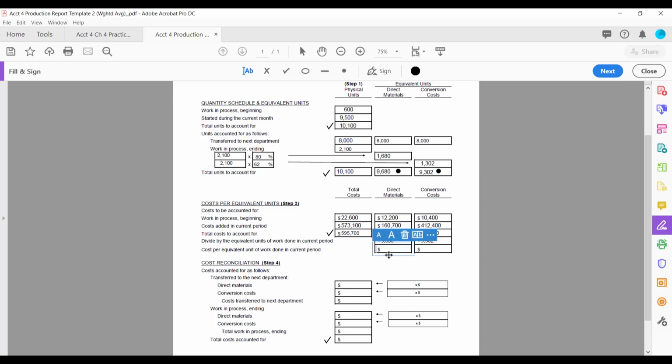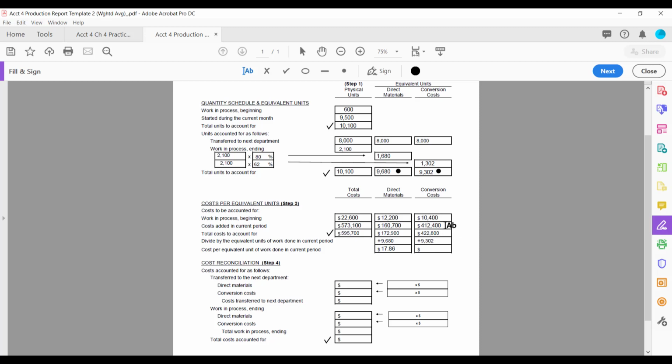So the cost per equivalent unit, we're simply going to divide that direct materials cost in total by the equivalent units of work done. So when you divide the 172,900 by the 9,680, you should get $17.86. You want to really round this to the fourth decimal place for rounding error purposes on the practice exam. But for the most part, you can infer what the right answer is just by looking at the options.